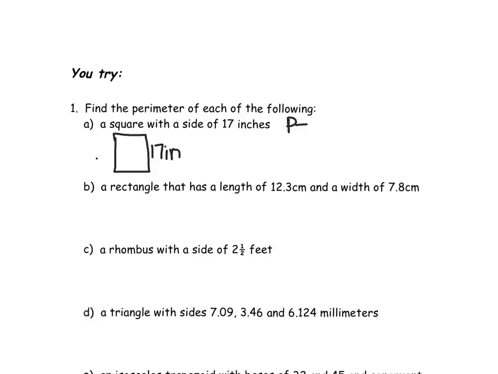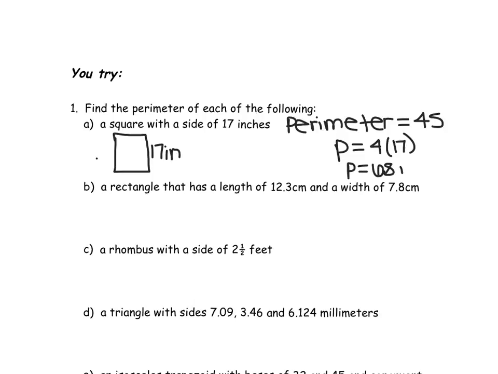Like we said before, we have 2 options here. We can use the perimeter formula, which is 4s, and plug in 17, and 4 times 17 is going to be 68 inches.